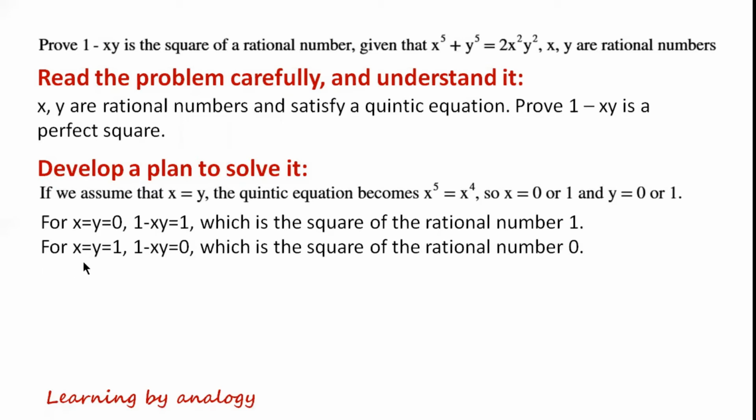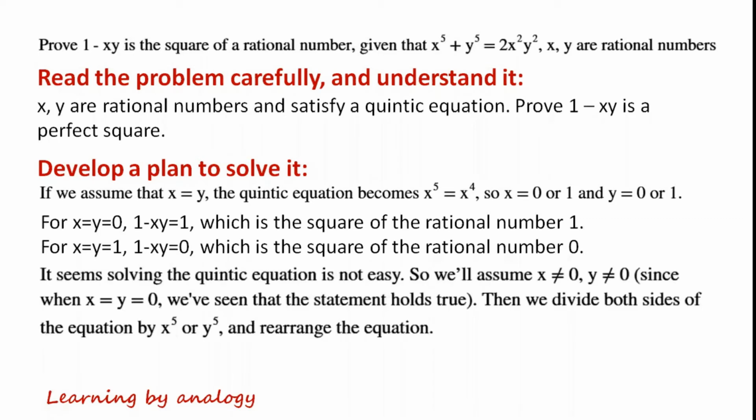For x equals y equals 1, 1 minus xy equals 0, which is the square of the rational number 0. It seems solving the quintic equation is not easy.